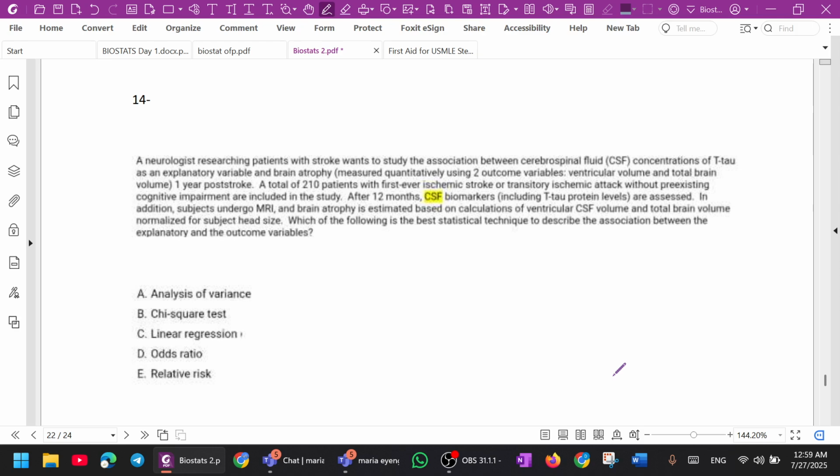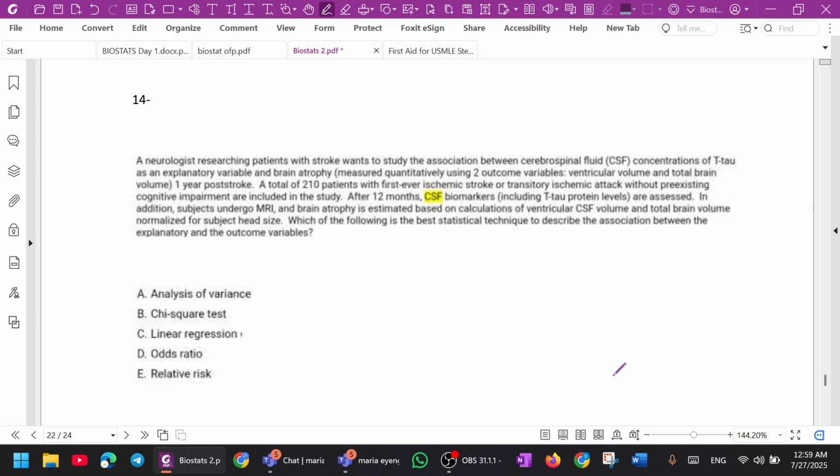Okay, is it fast without pre-existing? There is no disease or non-disease. Hmm. I don't know the answer.